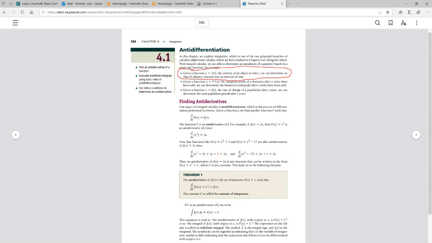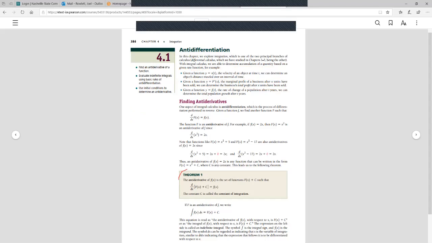If we are given a function y is equal to p prime of x, the marginal profit of a business after x units have been sold, we can determine the business's total profit after x units have been sold, and so forth. In other words, whereas in the past we used the derivative to get from point A to point B, this time we're going to go from point B back to point A.